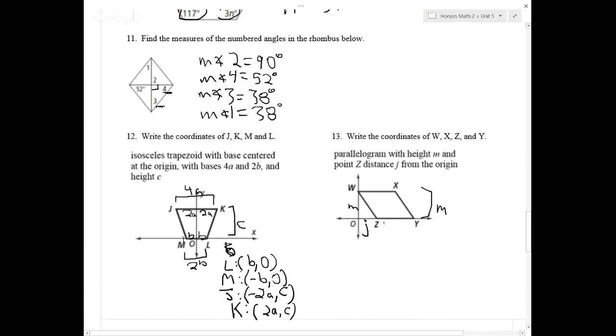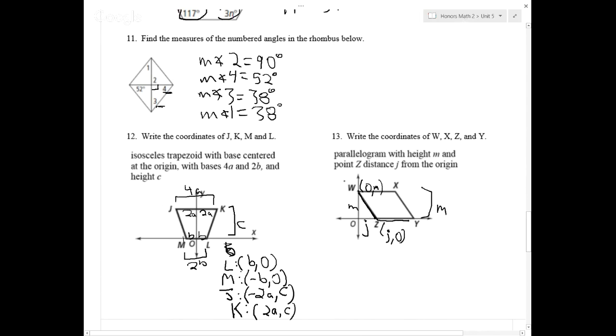I know Z is at least (j, 0). W is (0, m). We could use the distance formula to find the length of this side and then add it on, but that'd be a little more complicated than we need here.